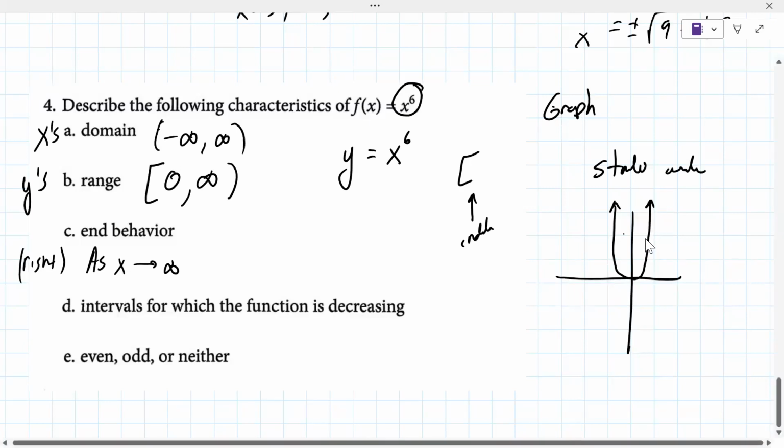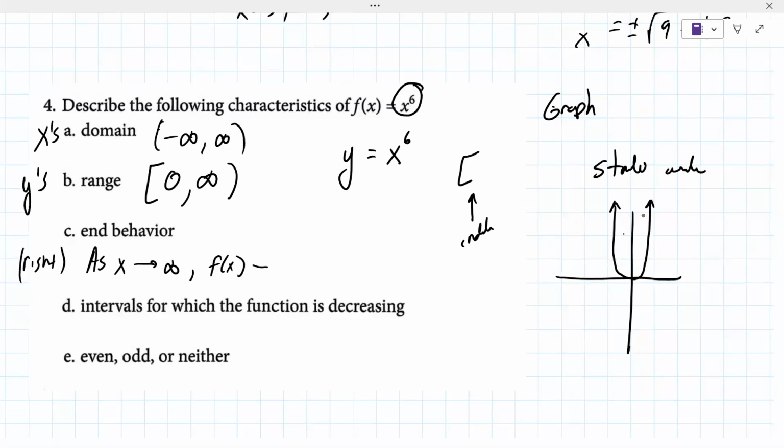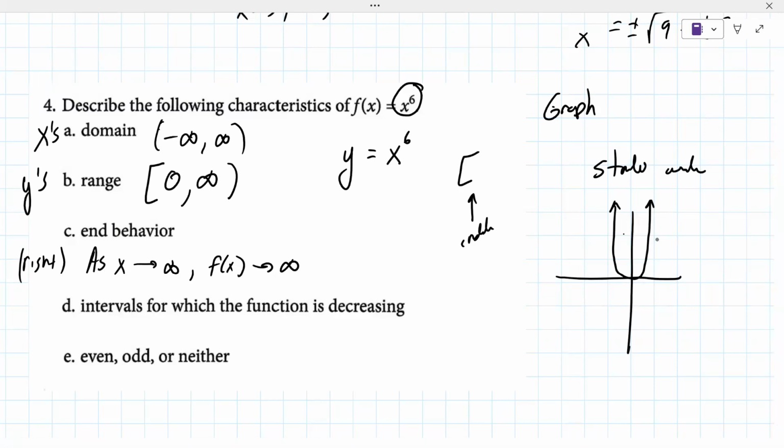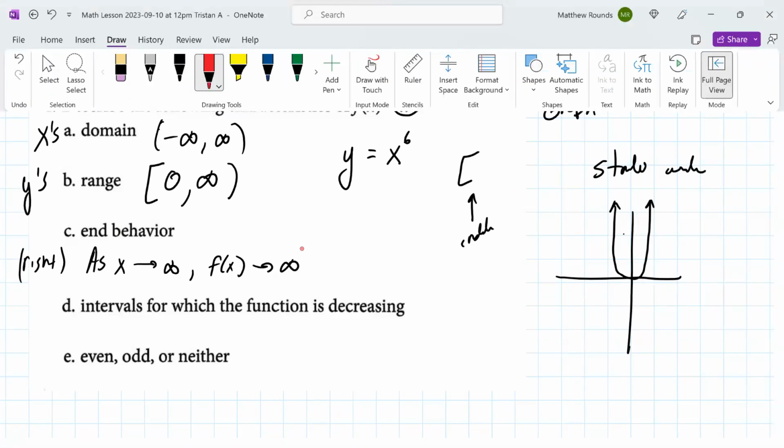Well, it goes up forever. So up forever is positive infinity. So you would say as x goes to infinity, the function goes up forever to positive infinity.